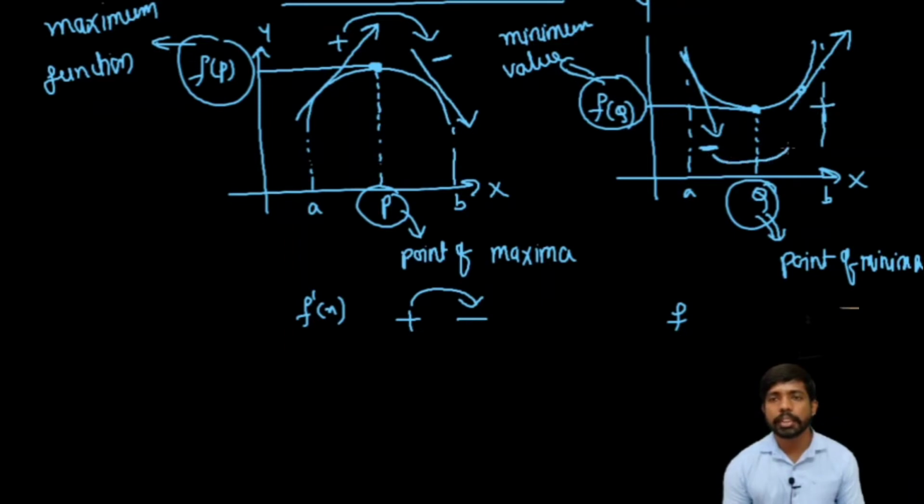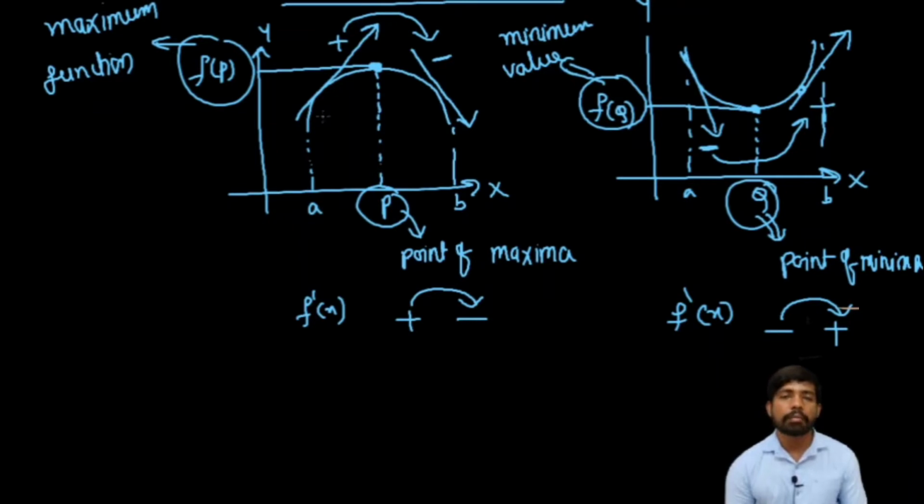So f dash of x is changing from negative to positive, by crossing a minimum point. Hence this is the condition for minimum: f dash of x changing from negative to positive means minima, and changing from positive to negative shows the maxima condition.